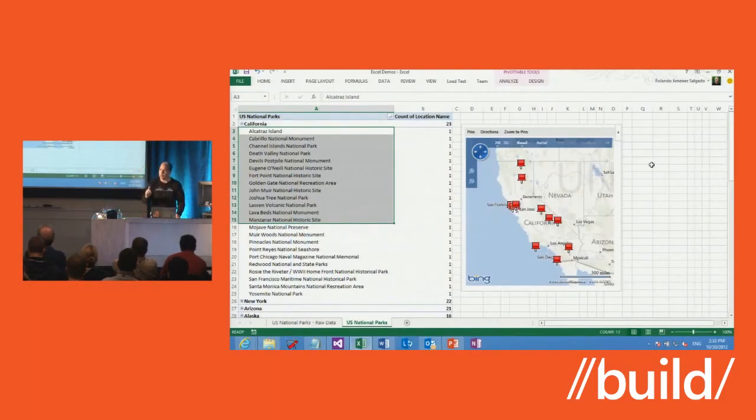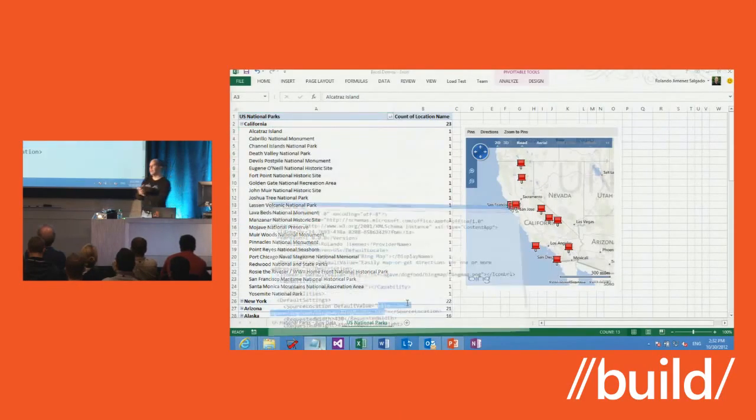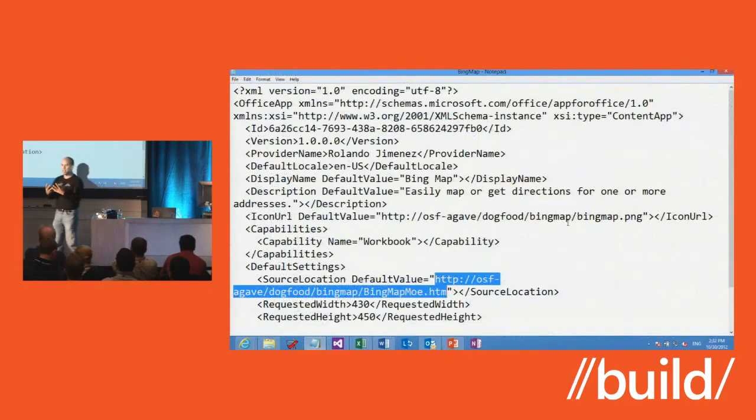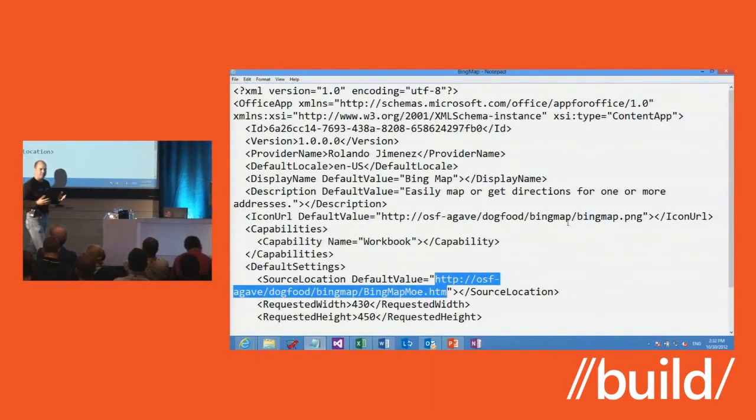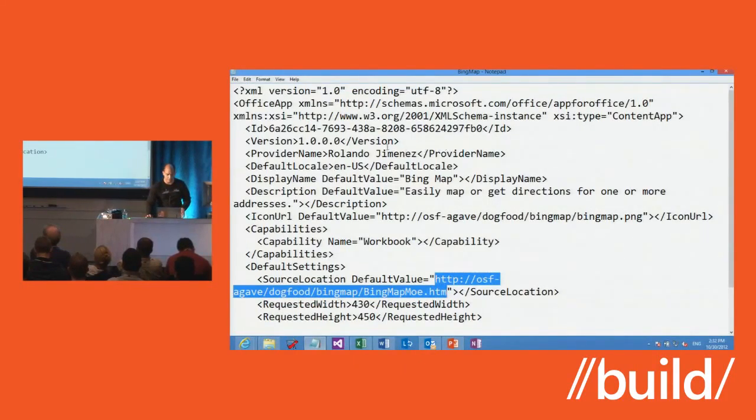So let me show you the other aspect I mentioned about a web page integrating into Excel. The other thing that makes an app for Office is the app manifest. The app manifest, as I said, is a very simple and lightweight XML that describes how the web page that I showed you integrates into Office. This is actually the manifest that I used for that Bing Maps app.